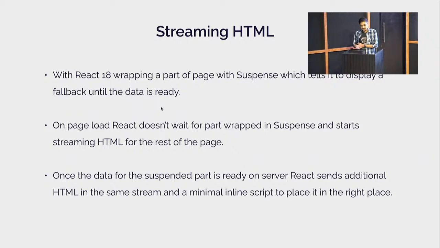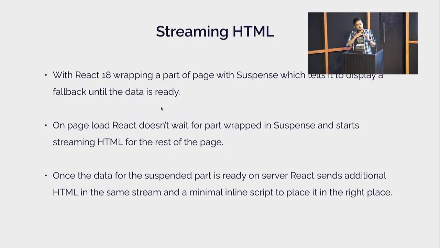With React 18, if you wrap a particular component in Suspense, it tells React to display the fallback until the component is ready. So on the initial page load, in the initial HTML stream, the user gets the fallback that we added to Suspense.